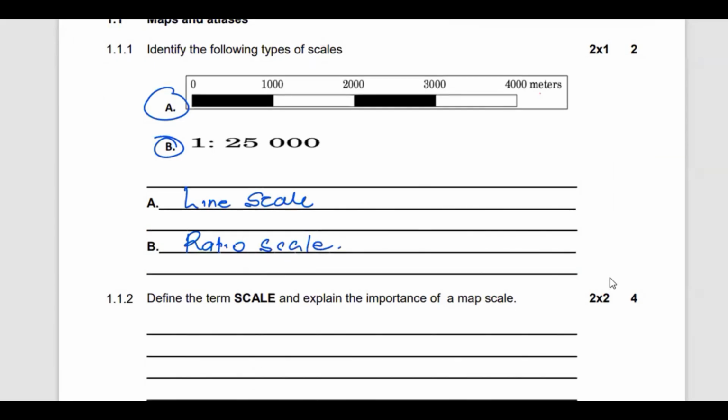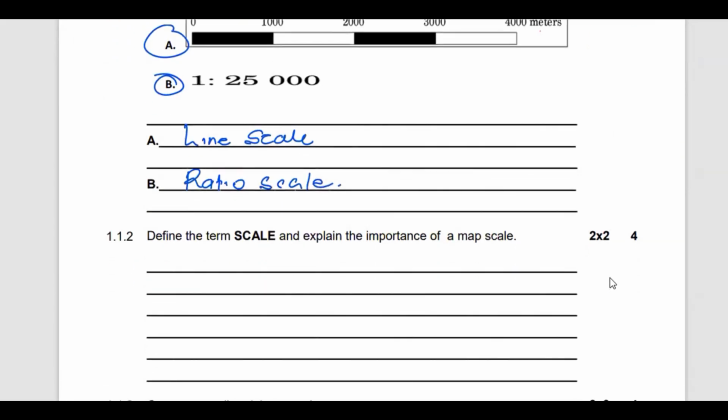Then define the term scale. Scale refers to the ratio, or the relationship between distance on a map and corresponding distances on the Earth's surface.